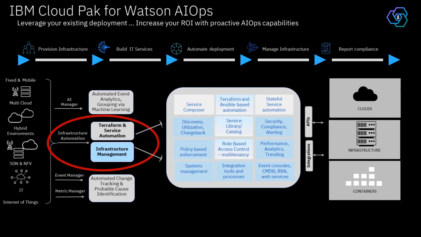Once the service is deployed, now it's time for us to leverage the infrastructure management component of infrastructure automation. And it brings a very robust capability for the IT operations team to discover the inventory, everything that's in their environment under one pane of glass, right? This includes the containers, the networks, the storage management system.